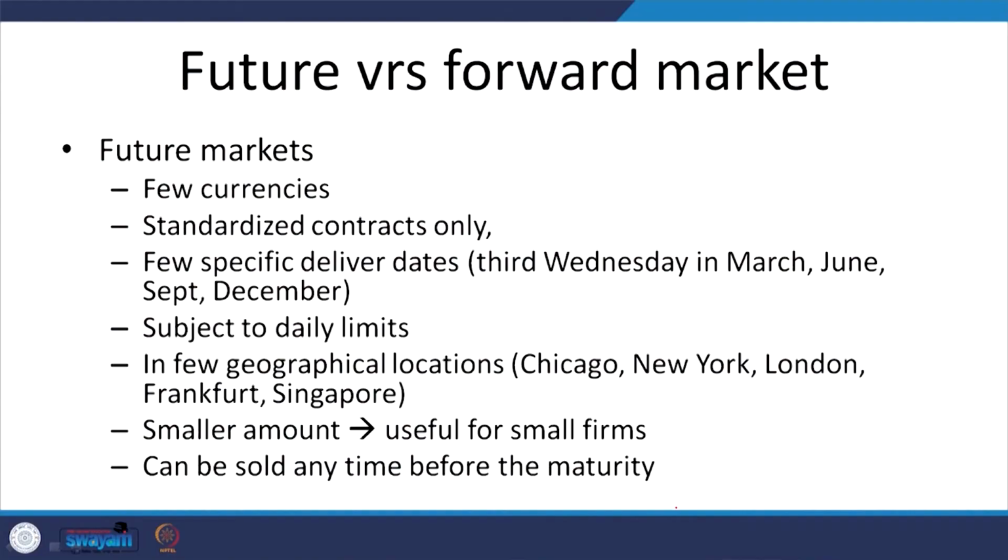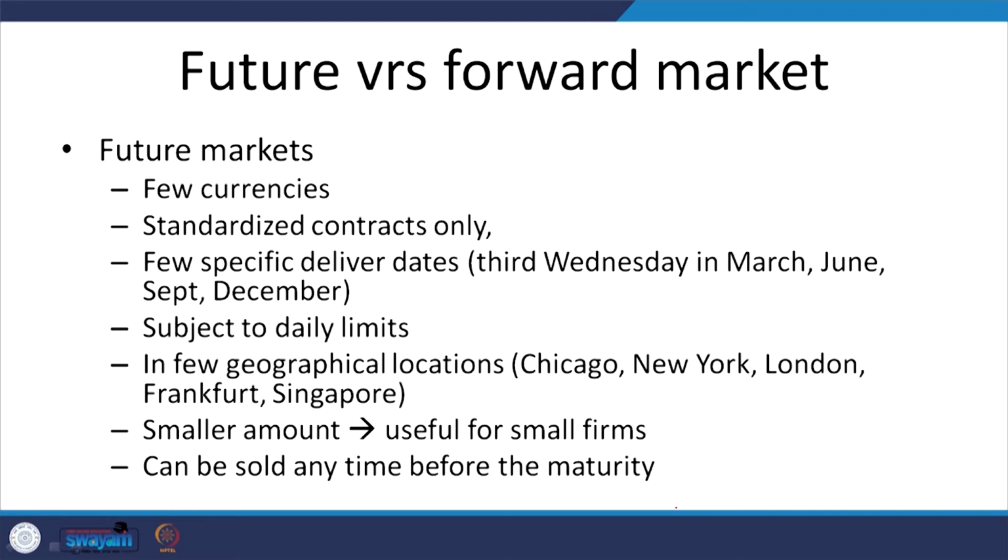So, what is the difference between the forward market we have discussed and the futures market? The futures market has a specified date, but the forward market has a specified duration. Now, other details: in the futures market we have fewer currencies. Very specific currencies are dealt in the futures market, and that too standardized contracts only.